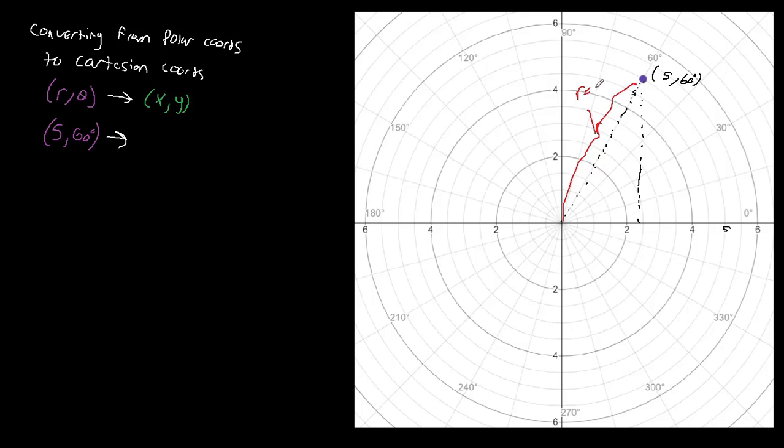So that's our 5. We also have been given this angle right here. This is our theta, which is going to be 60. These are the pieces of information that we've already been given. Now, if we think about it in terms of this triangle, what we want is this distance right here. This is going to be our x. Okay, and then this distance right here, this is going to be our y.